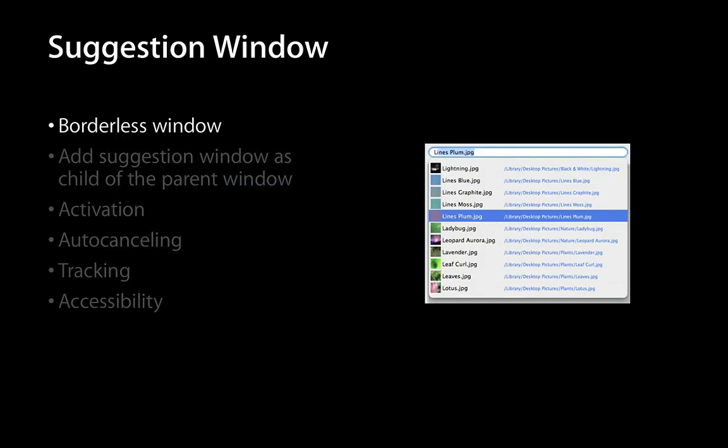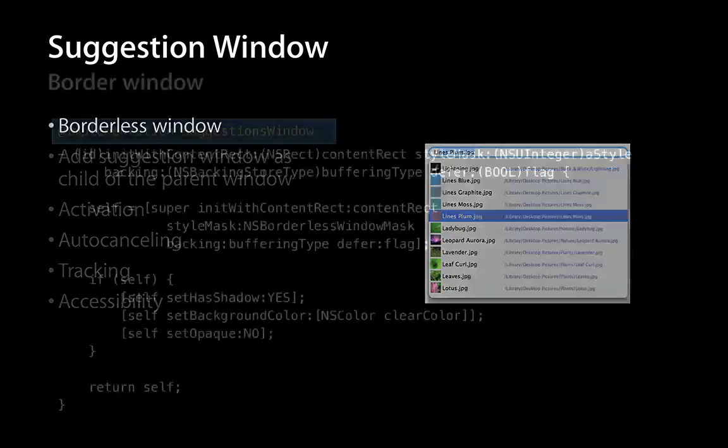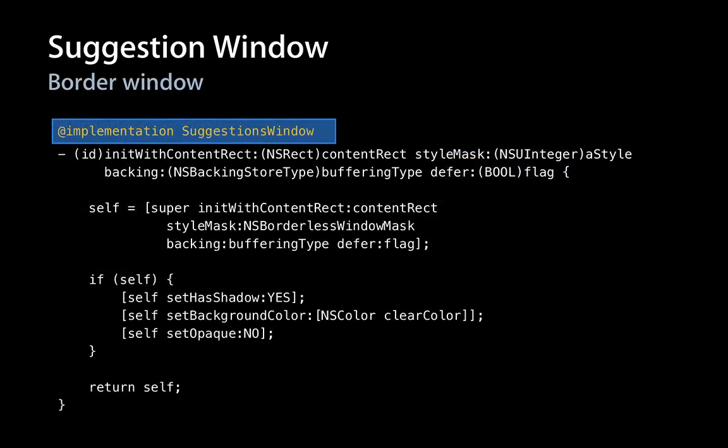So the first thing we need to do when we're going to create our suggestion windows is create a borderless window. Fairly easy to do. In this case, we have a custom subclass of NSWindow called SuggestionsWindow in the sample code. And we created a subclass for two reasons. First off, in Interface Builder, there's no checkbox or series of checkboxes you can click to get a borderless window.